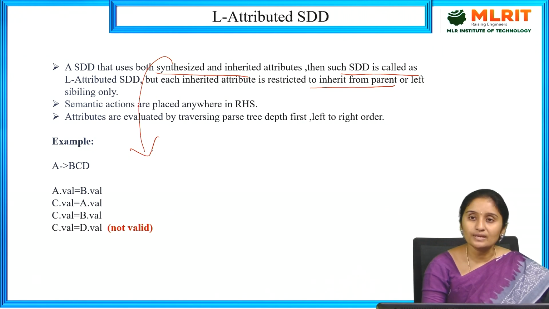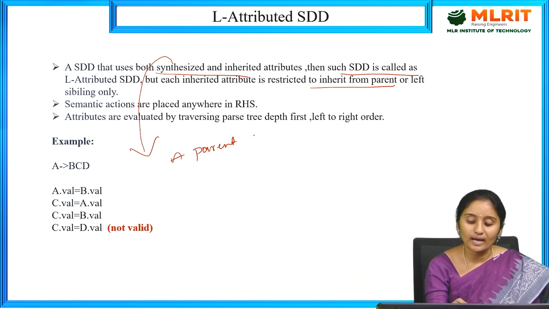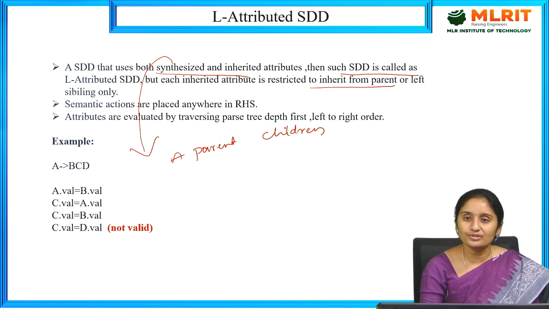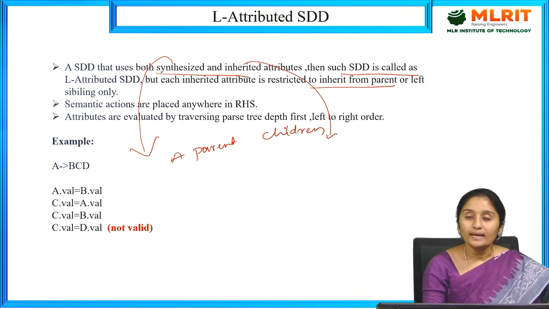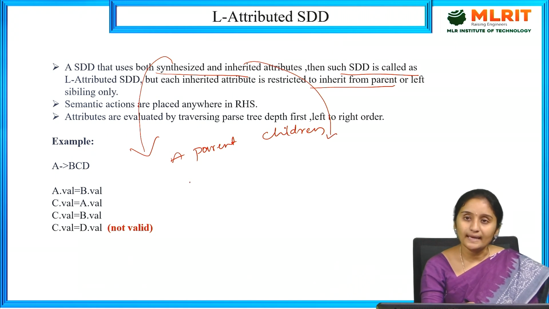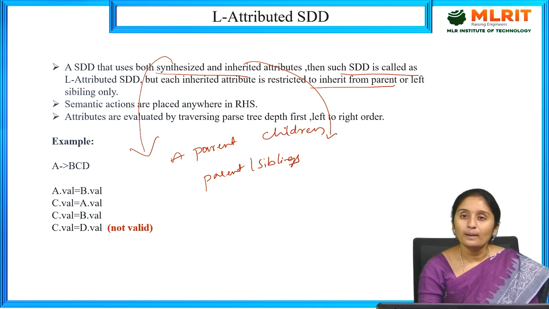A synthesized attribute is where a parent takes value from its children. An inherited attribute takes value from its parent or siblings.